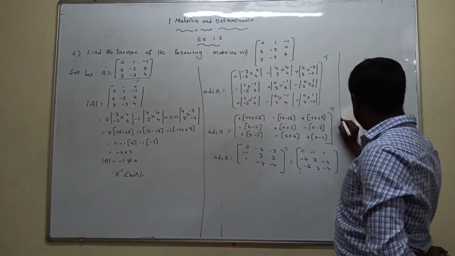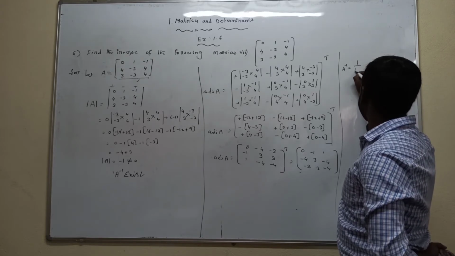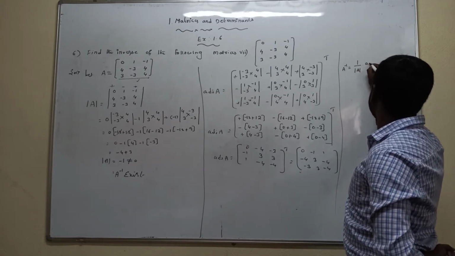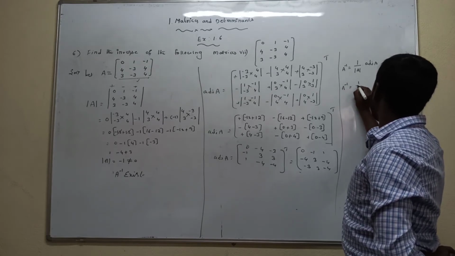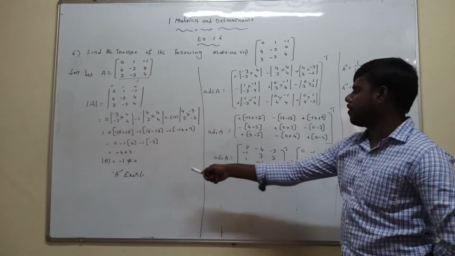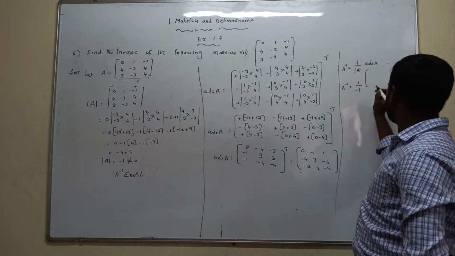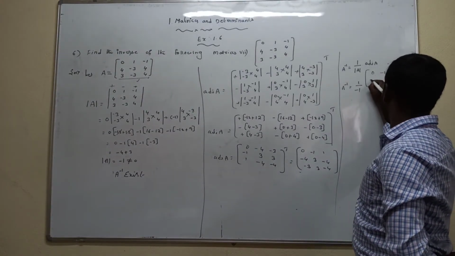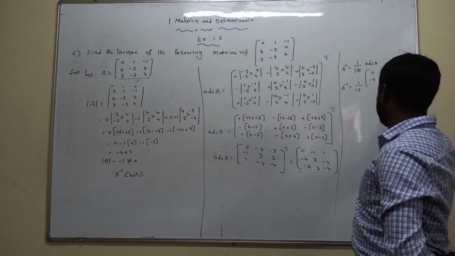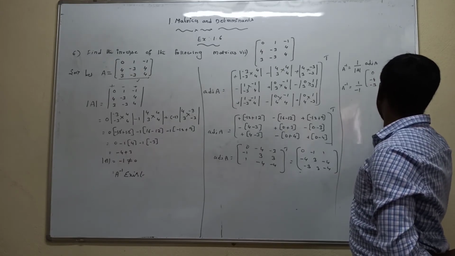But we need to calculate the inverse of A. What is the inverse of A? It is 1 divided by the determinant of A, into the adjoint of A. Now substitute the values. 1 divided by the determinant of A, whose value is minus 1. Substitute the adjoint of A matrix: 0, minus 1, 1, minus 4, 3, minus 4, minus 3, 3, minus 4.